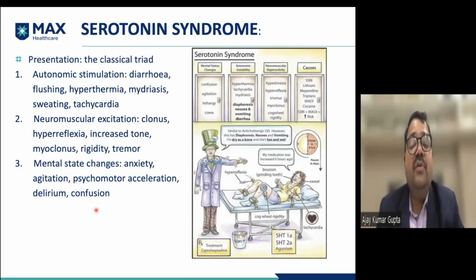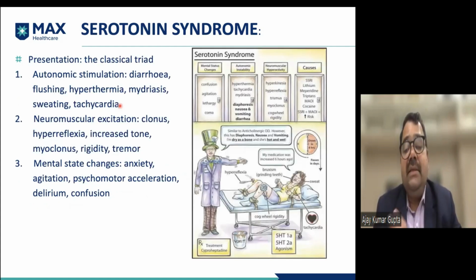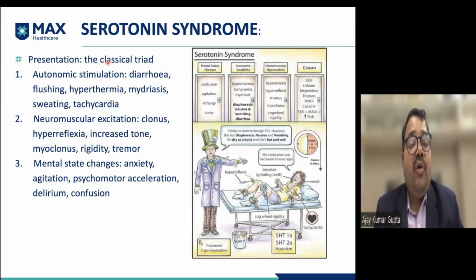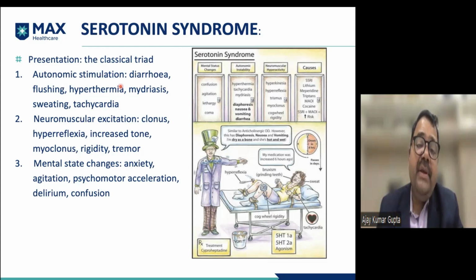So in this, there is a classical triad of autonomic stimulation, neuromuscular excitation, and mental state changes. This is the classical triad found in serotonin syndrome. In the autonomic stimulation, the patient has diarrhea, flushing, hypothermia, mydriasis, sweating, and tachycardia.